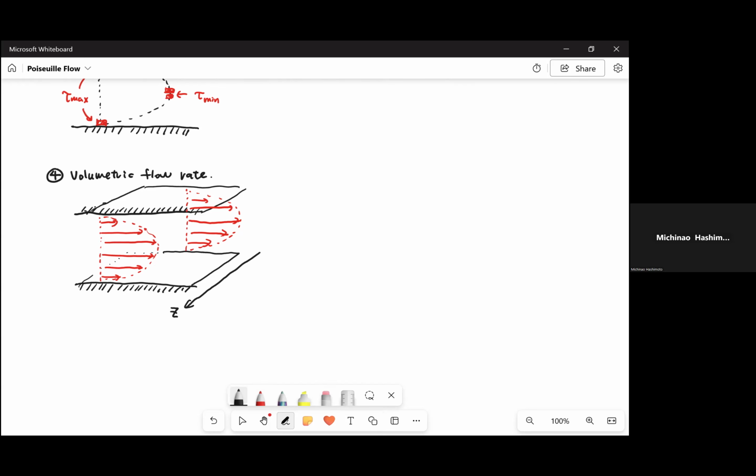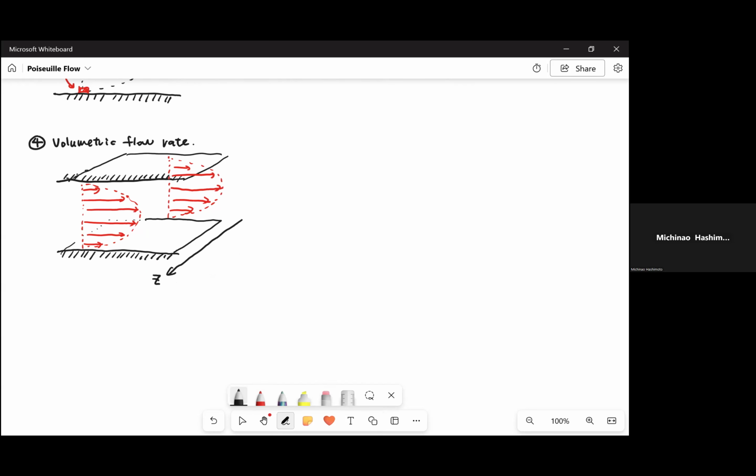In this case, something that we can argue is the flow is invariant. We often use the word invariant. It just means it doesn't vary along the z-axis.